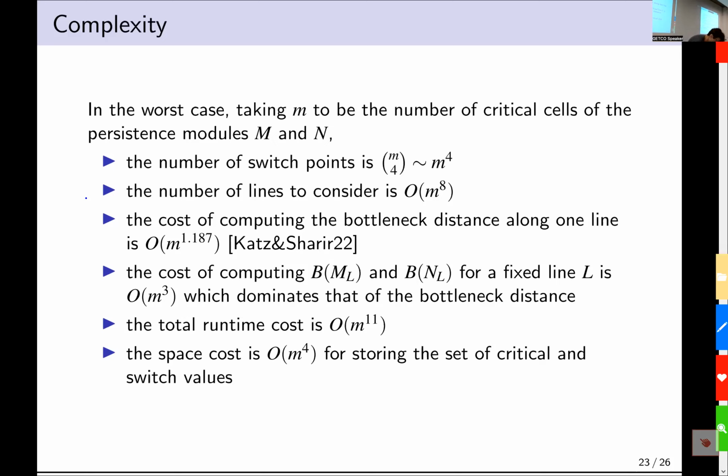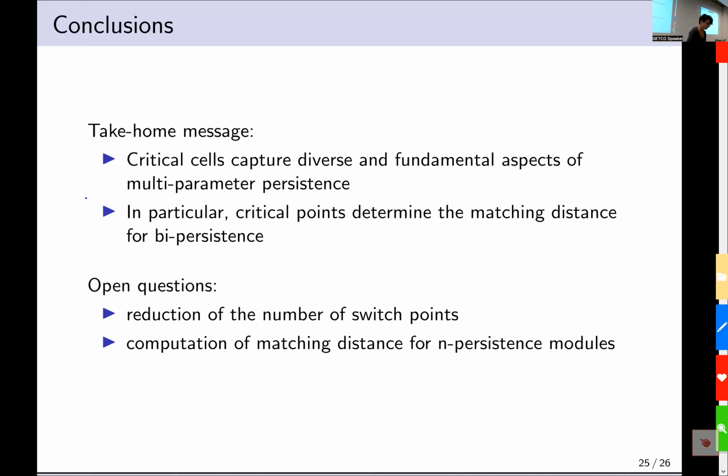So in conclusion, I've tried to give ideas on why I think that the critical cells, even in the multi-parameter setting, capture interesting aspects of persistence. And in particular, they can be used to determine the matching distance.